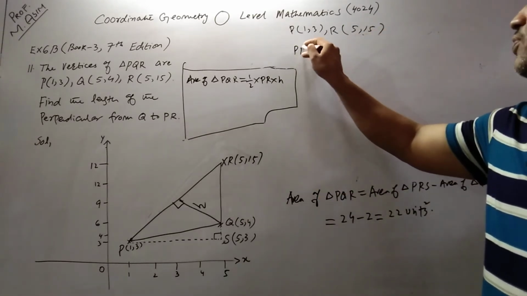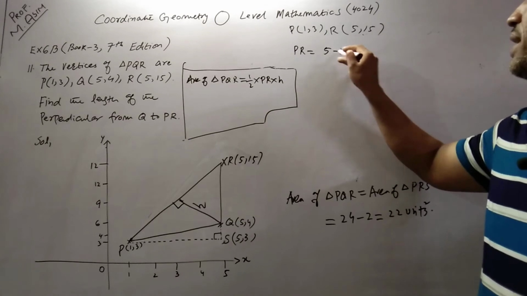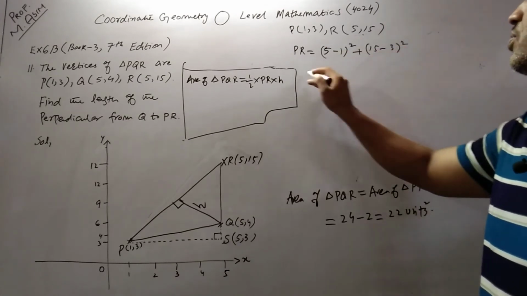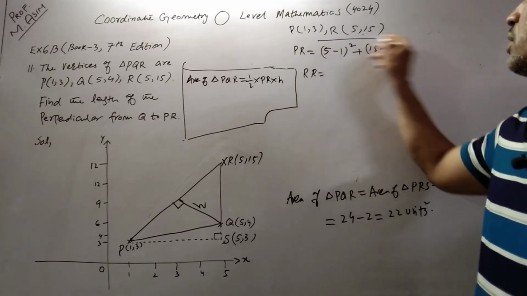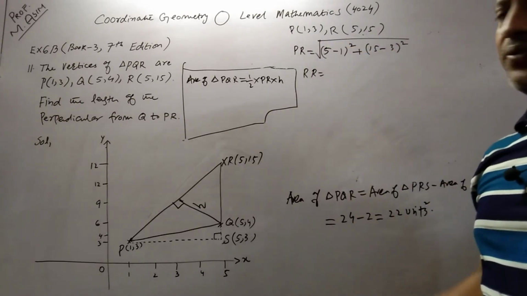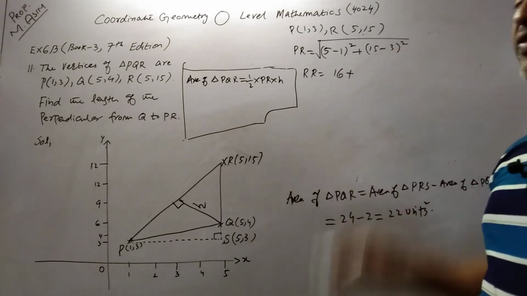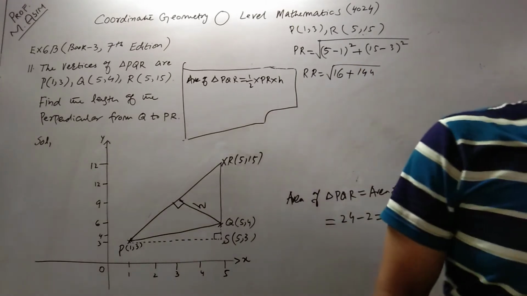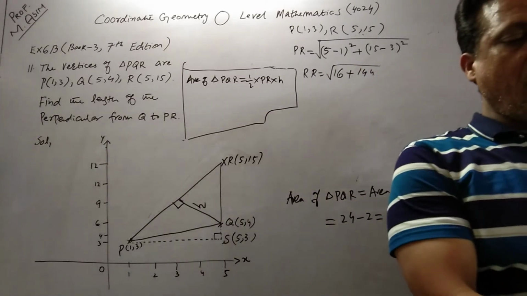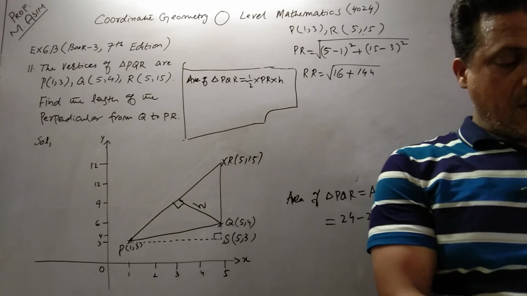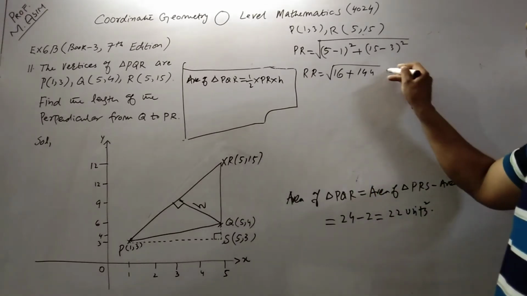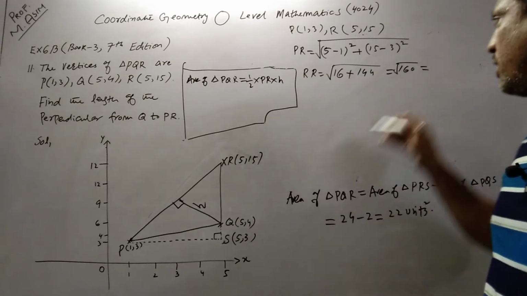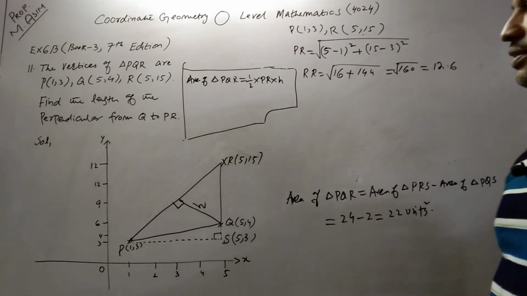By using the distance formula, square root of x2 minus x1 squared plus y2 minus y1 squared. 5 minus 1 is 4, 4 squared is 16, 15 minus 3 is 12, 12 squared is 144. What is the answer of 144 plus 16? 160, and the square root of 160, by using a calculator you will get 12.6.